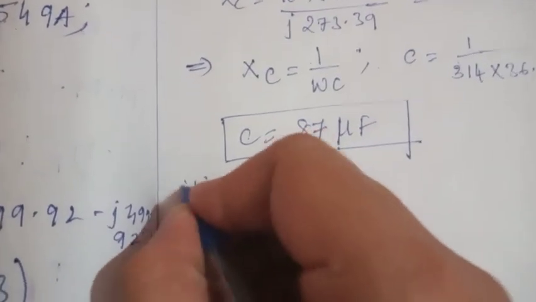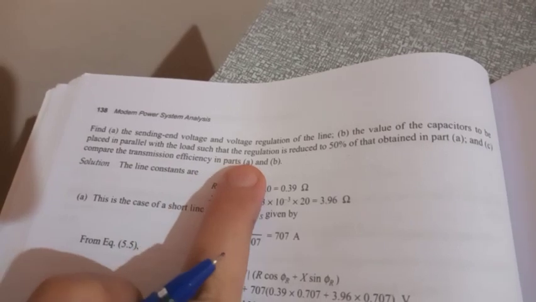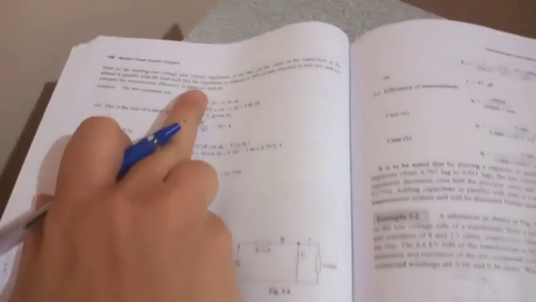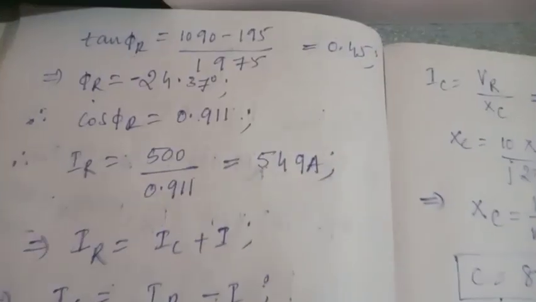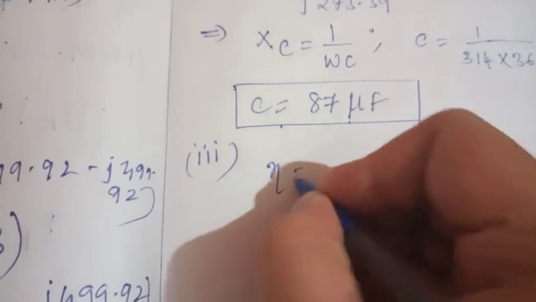What is the third bit of the problem? Let us see. The last bit of the problem is part C: compare the transmission efficiency in parts A and B. So now I have to calculate transmission efficiency for part A. What is the formula for transmission efficiency?